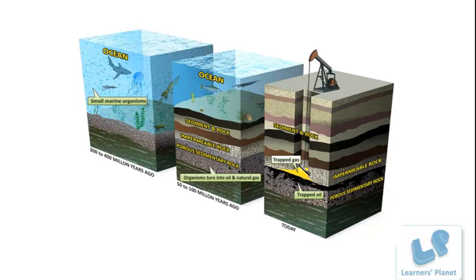And they have got trapped in this impermeable rock. This rock doesn't have any pore. So they are trapped over here, the oil and the gas. The oil will be trapped below the impermeable rock and the gas will be trapped just above the oil, below the impermeable rock. That is a trap.